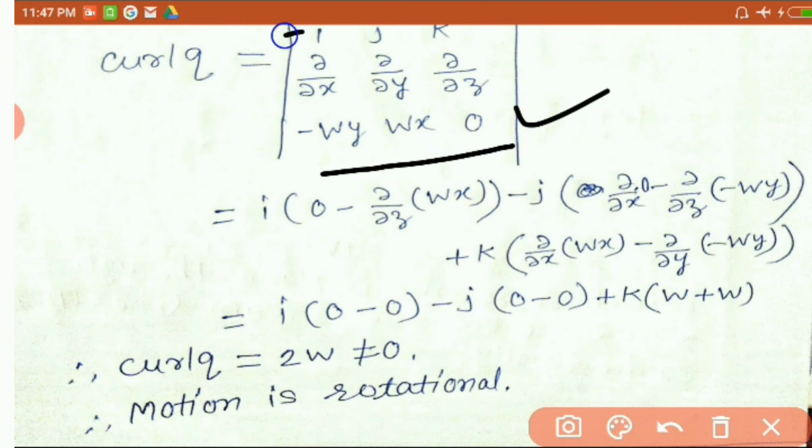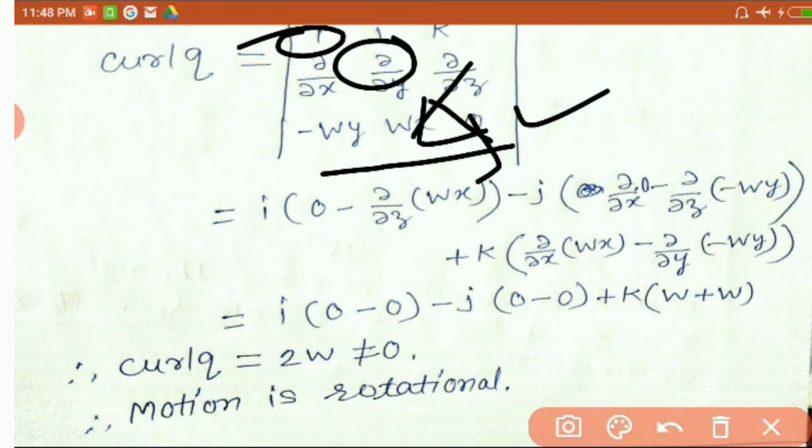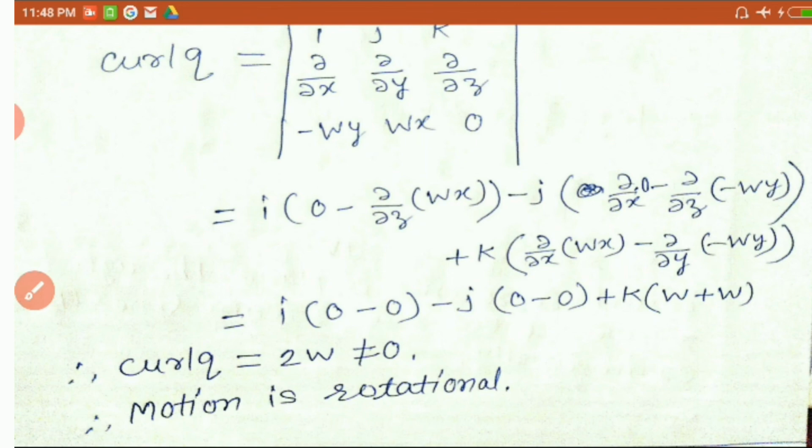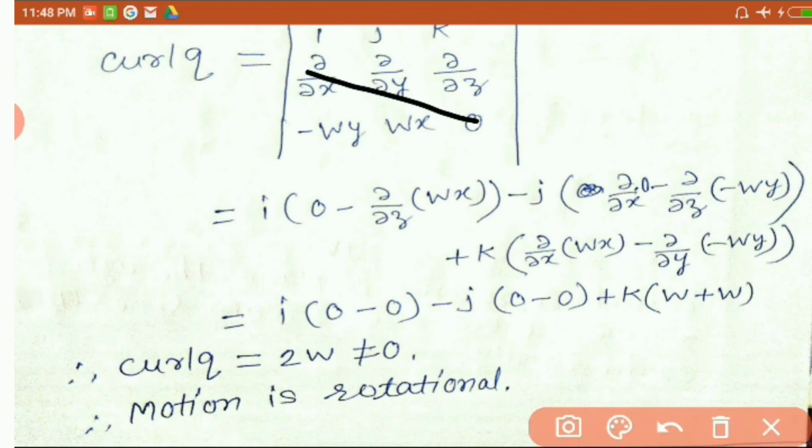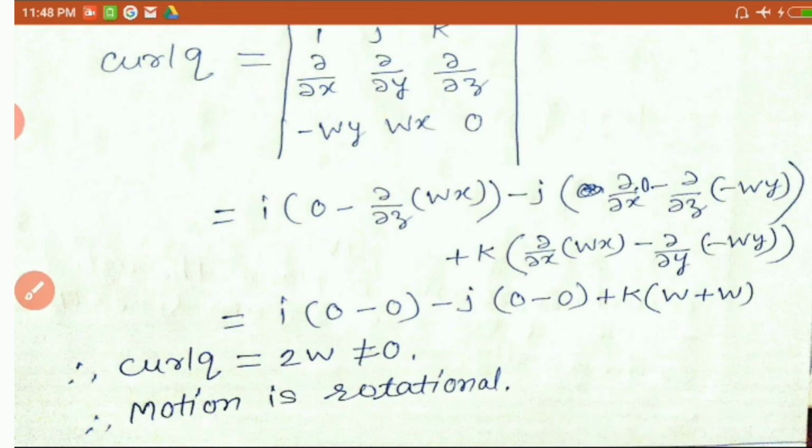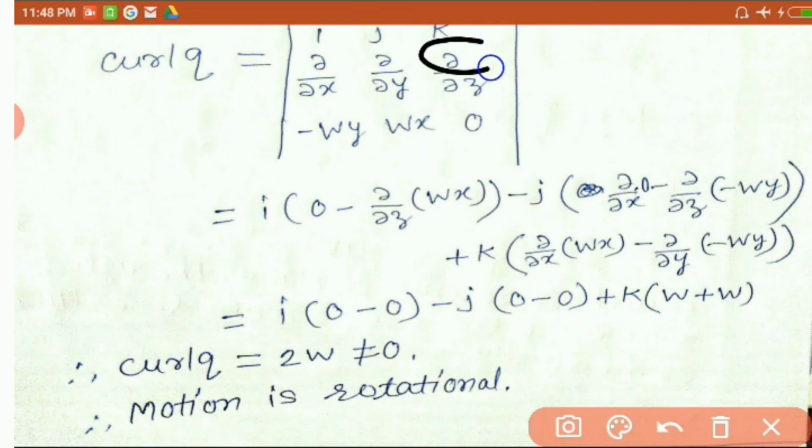So i into dou by dou y into 0 minus dou by dou z of wx, minus j, dou by dou x into 0 minus dou by dou z of minus wy, and plus k, dou by dou x of wx minus dou by dou y of minus wy.